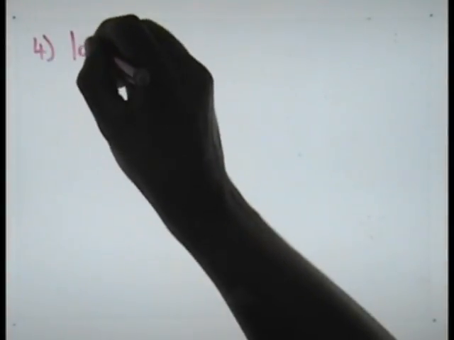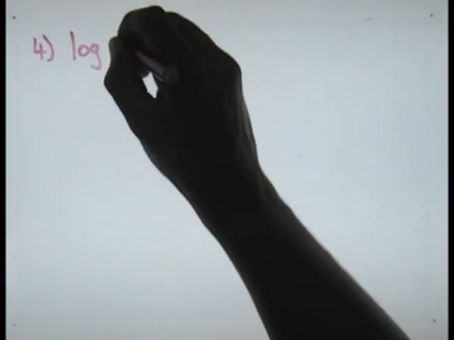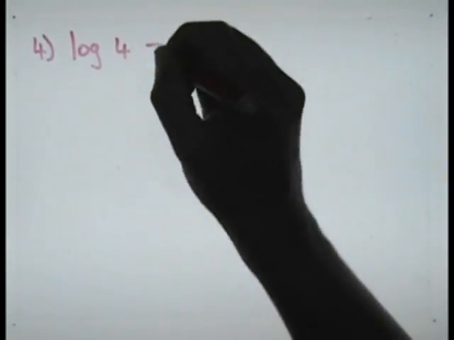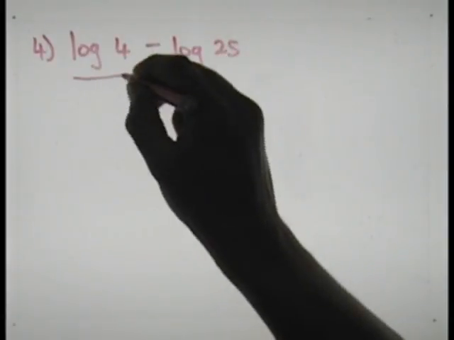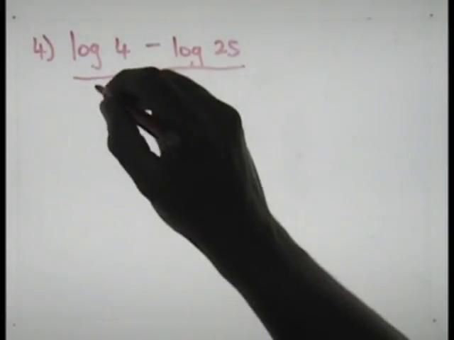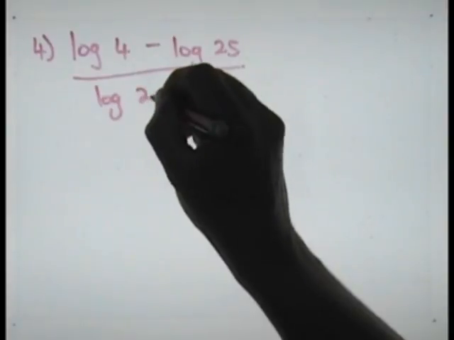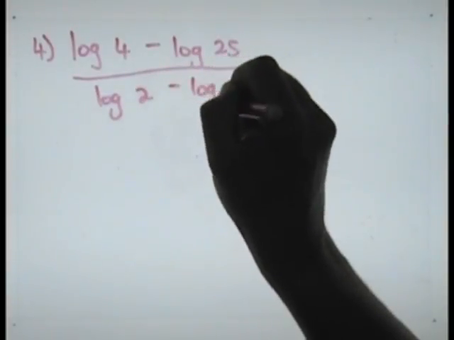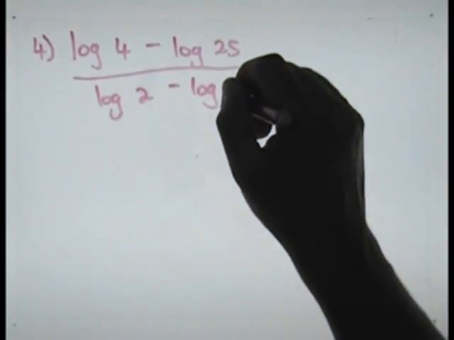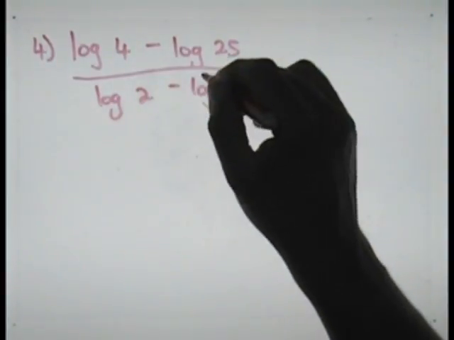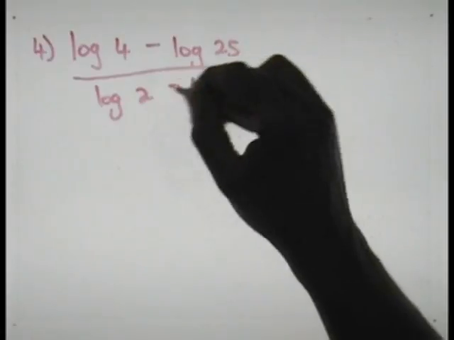I've got log 4 minus log 25 divided by log 2 minus log 5. Right, the bottom I'm not going to do anything with just yet.